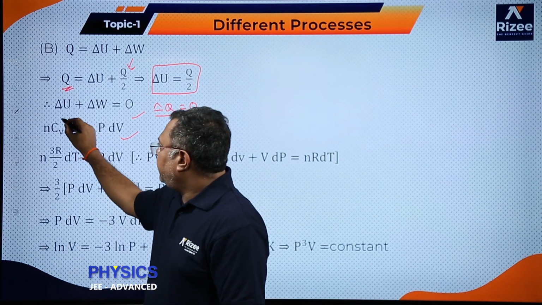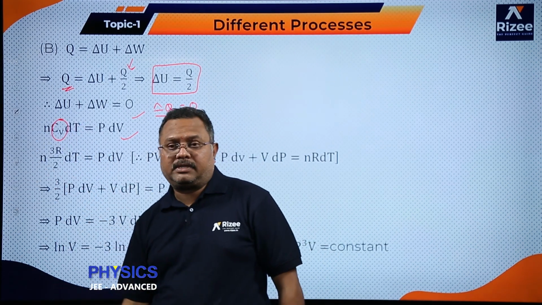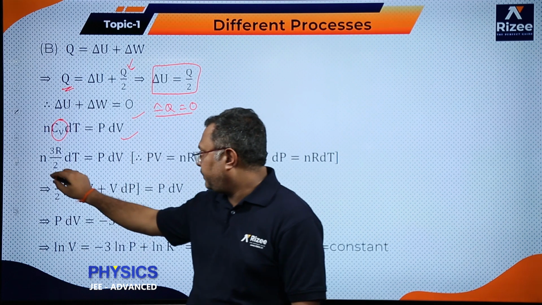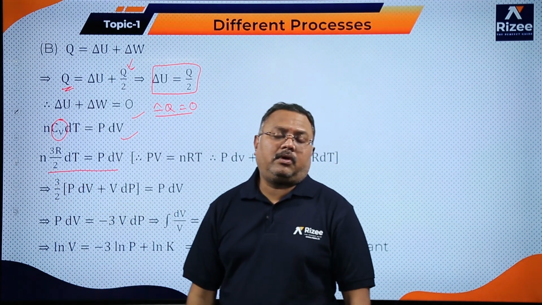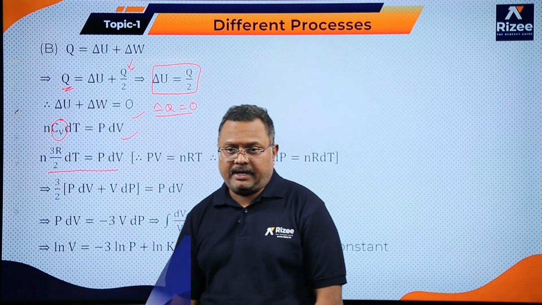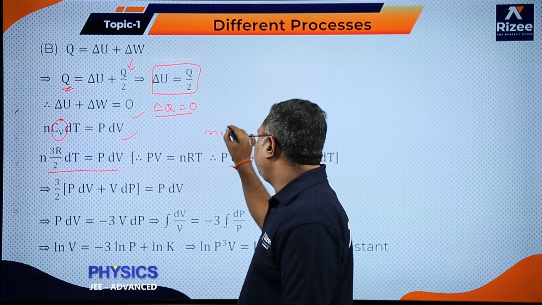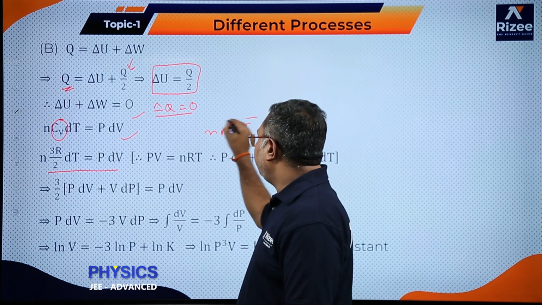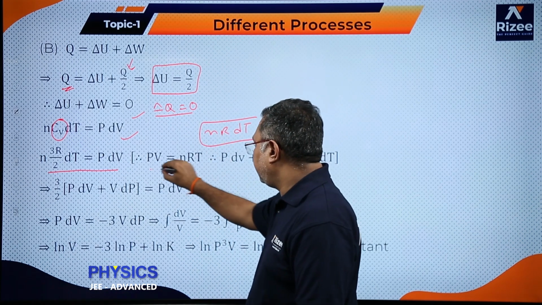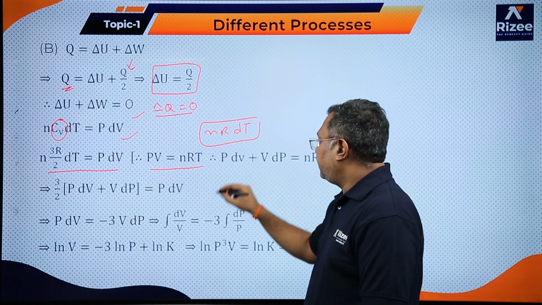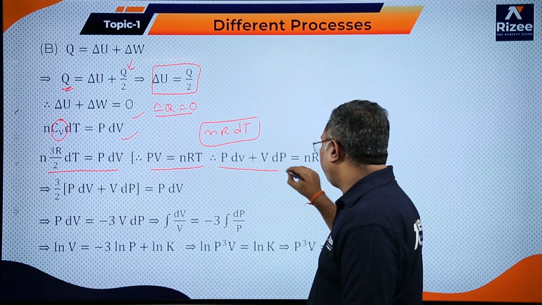For the monoatomic gas, your Cv value is 3R by 2, substitute here. And as we don't know the temperature rise, we try to replace nR dT from the ideal gas equation by differentiating it.